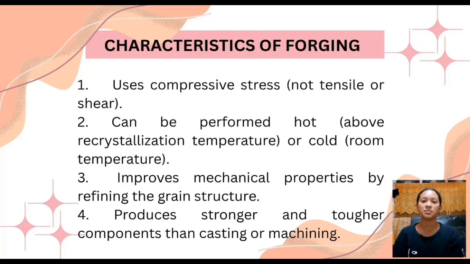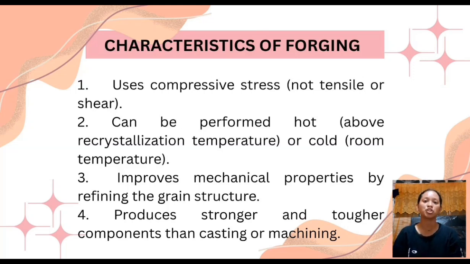Second, it can be performed hot, above recrystallization temperature, or cold, at room temperature. In hot forging, the metal is heated above its recrystallization temperature, so it becomes soft and easy to shape. This also allows new grains to form, removing strain hardening.